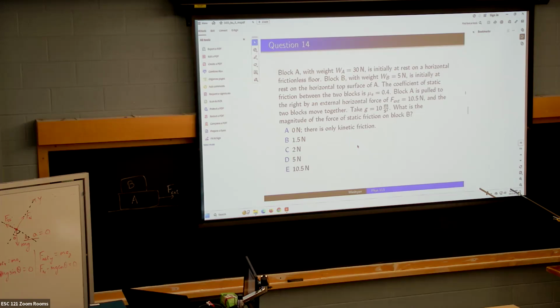Well, remember, yes, in this case, but don't assume, always figure it out from the free body diagram.